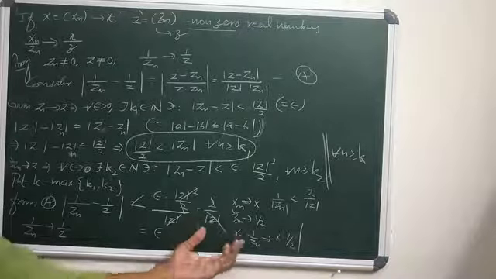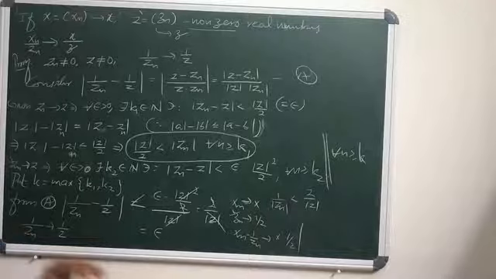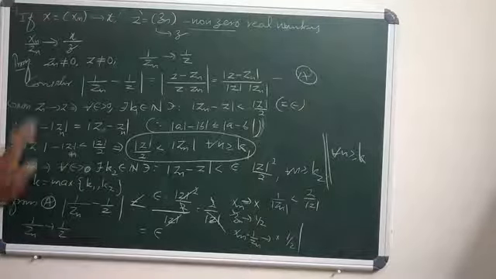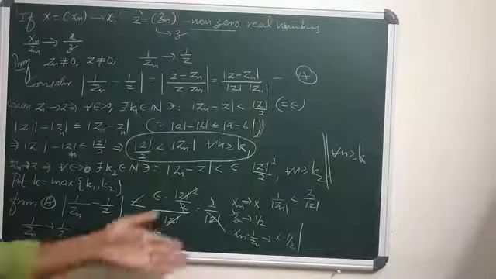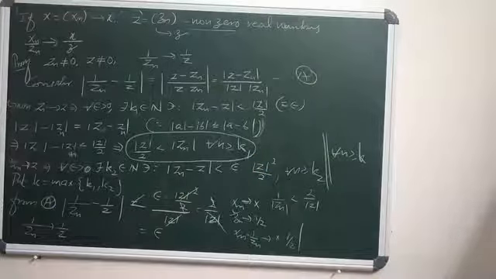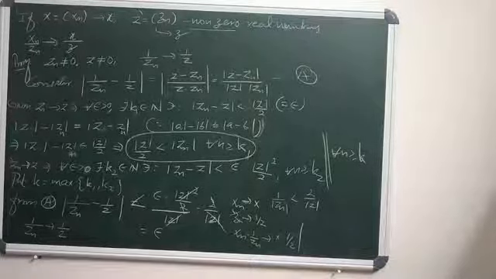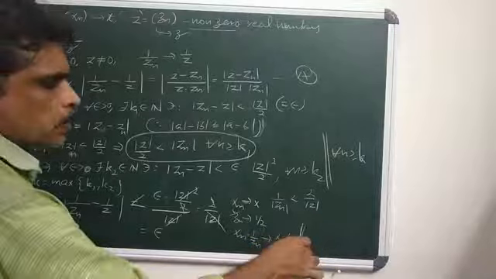Instead of yn, here we choose 1 by zn, and instead of y, it is 1 by z. First we prove 1 by zn converges to 1 by z, and then we use this result. So xn into 1 by zn converges to x into 1 by z. This is our next interesting result.